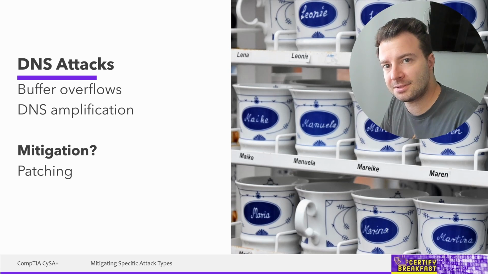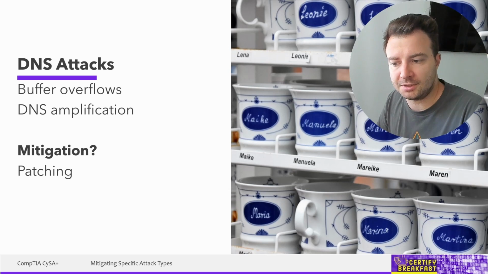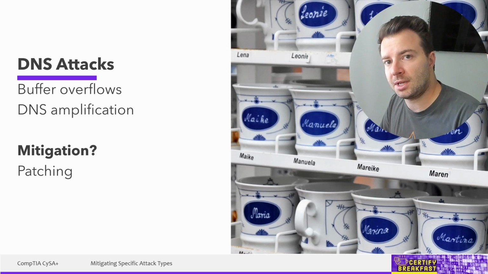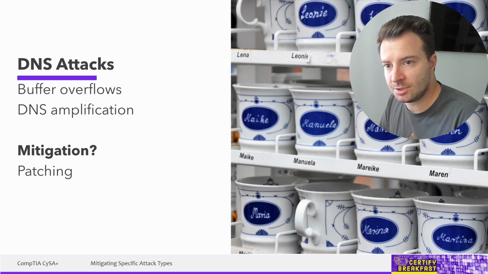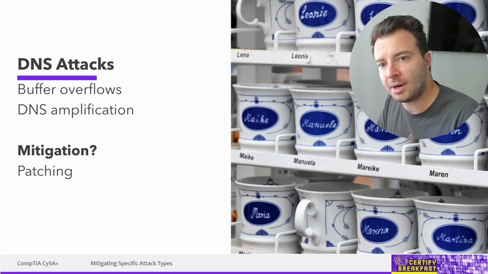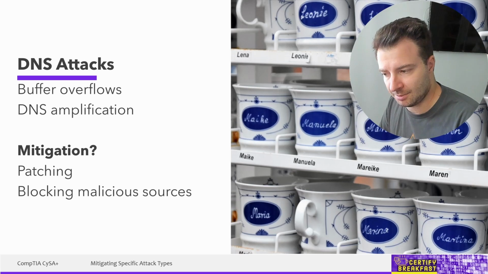How to fight against DNS attacks? Well, just like with any other service out there, make sure it's up to date, all security patches installed, do some penetration testing from time to time just to see if new vulnerabilities might have been discovered in the meantime.